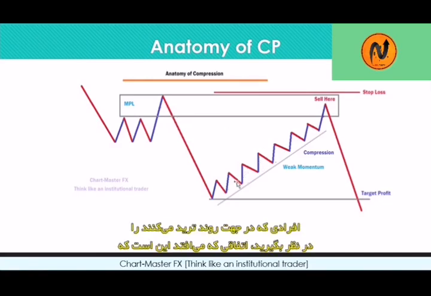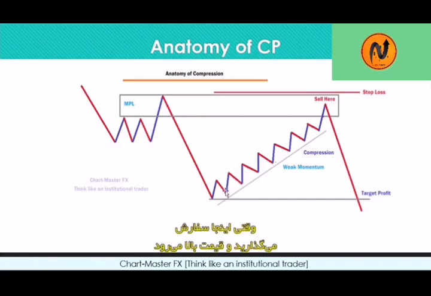What happens is that once you place your trade here and the price goes up, it makes a retracement, and there will be some orders waiting here.